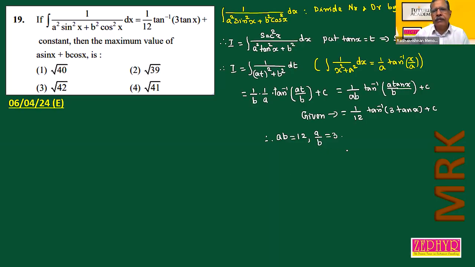You multiply. Therefore, AB into A by B is equal to 36, which implies A squared is equal to 36.